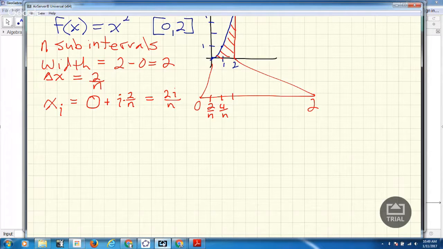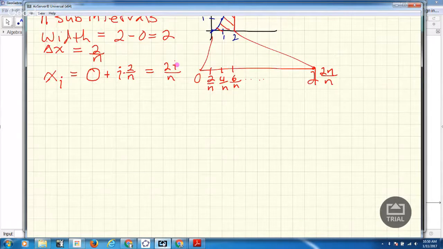And then the next one is going to be 6 over n, and so on down the road, all the way till I get to the last one here, the right-hand endpoint. That last one is going to be 2 times n over n, because each time I plug in a new value for i, so that ends me at 2 there. Now here it's nice because we're starting at 0. If we started at 1, we'll try that later. It gets a little more tricky, but that's all right.